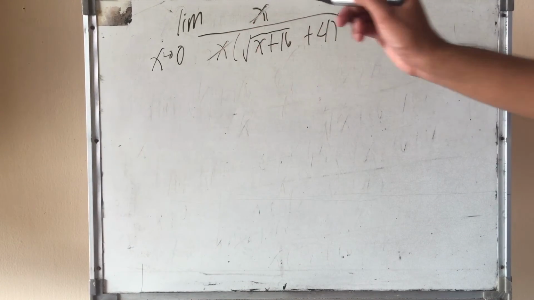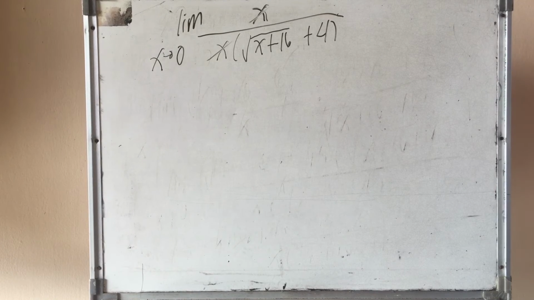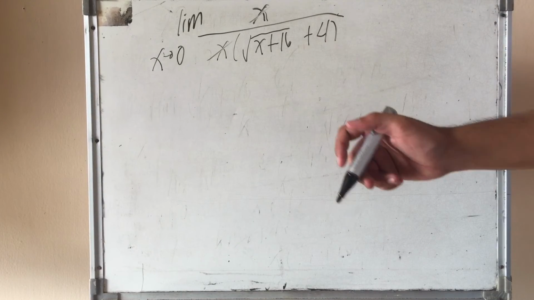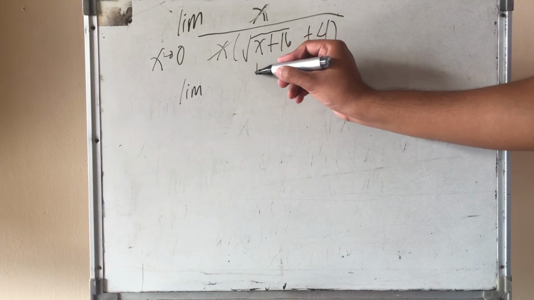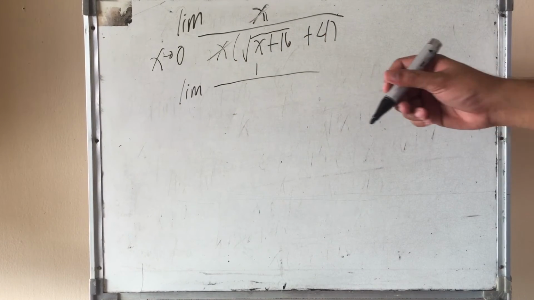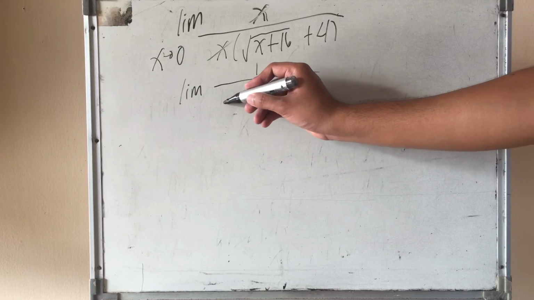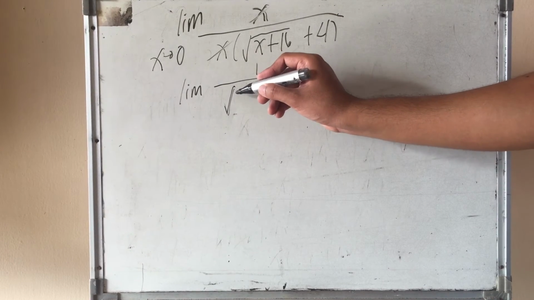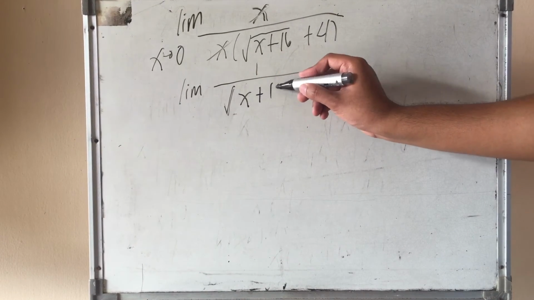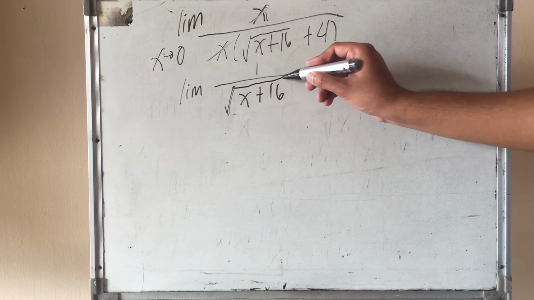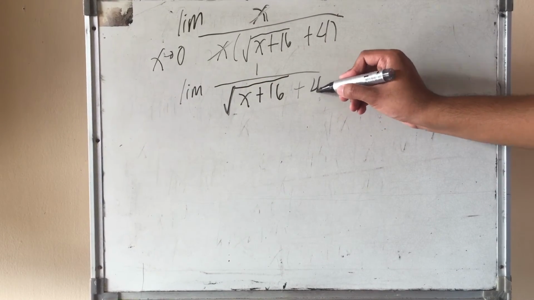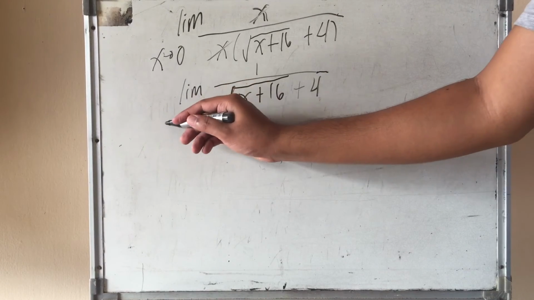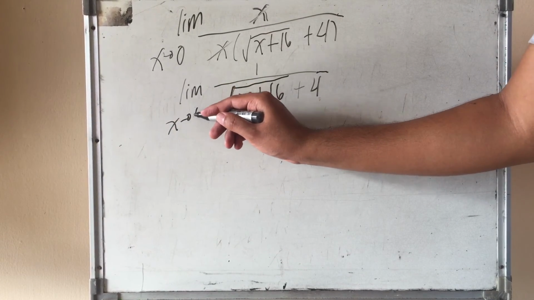So simplifying further this equation, we have the limit of 1 divided by square root of x plus 16 plus 4 as x approaches 0.